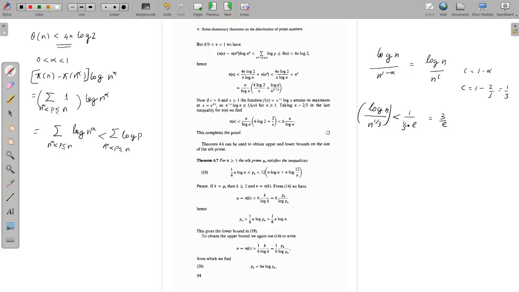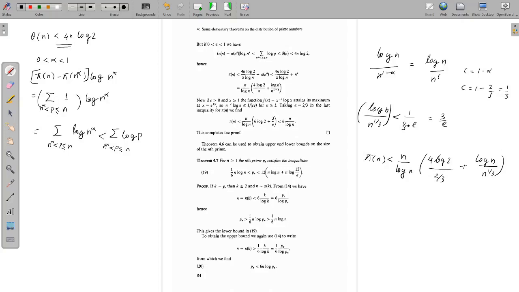So we can substitute here. What we have obtained from this inequality is pi of n is less than n by log n times 4 log 2 divided by alpha, which is 2 by 3 here, plus the maximum value of log n divided by n raised to 1 by 3, which is 3 by e.